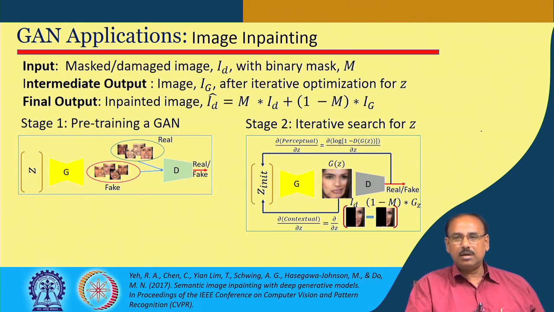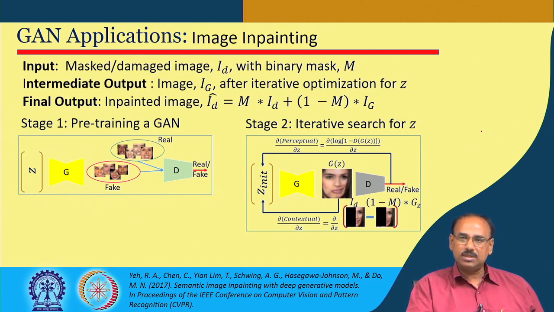Then our aim is that when we compute the cost function, it will have two components. One is the perceptual component, where the discriminator tries to discriminate between the generated or fake image and the real image. That means how realistic this generated image is. So, that gives you a perceptual loss. And another loss component is the contextual loss.